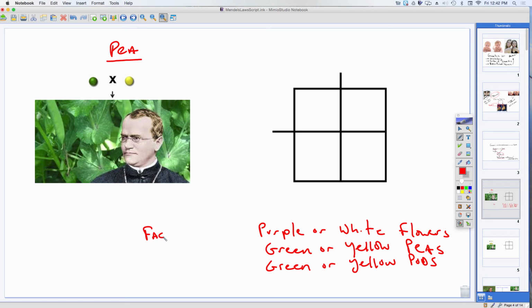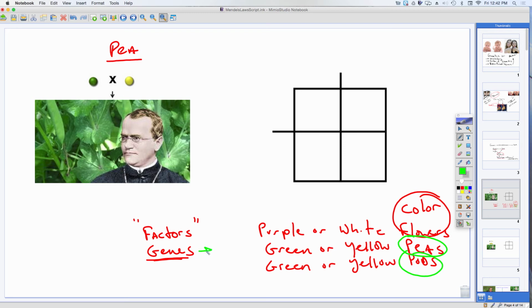He said, hey, there are factors, that was his word, and we now use the word genes, that control flower color or pea color or pod color and so on.